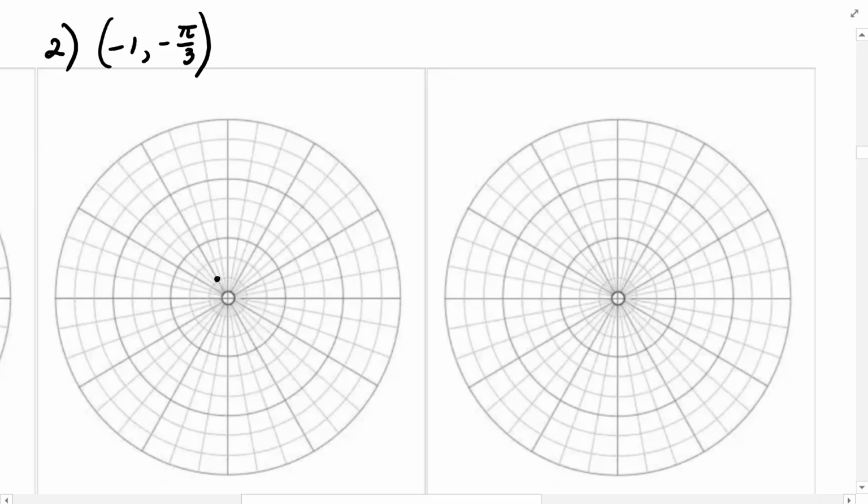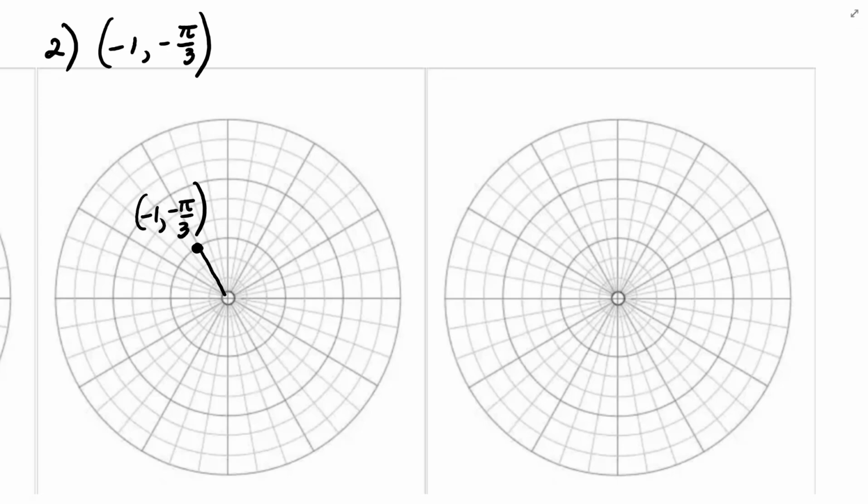So this one, right, because this point here, let's make it 1, all this. So this point here would be 1 and negative pi over 3. So this point opposite would be negative 1 and negative pi over 3. So this would be the point that we want to write in other ways.